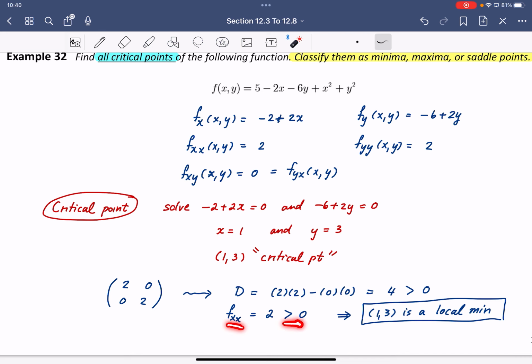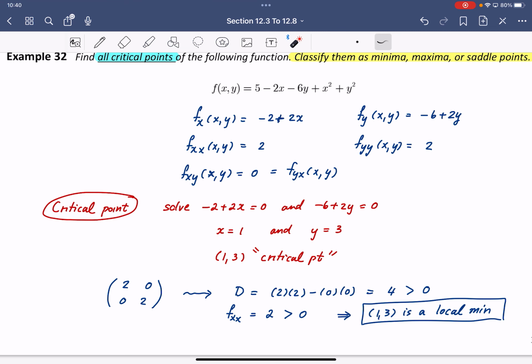It actually came from calculus 1, because when you learn calculus 1, you also have the second derivative test. So in calculus 1, if you differentiate 2 times and get something bigger than 0, you get a minimum. If you differentiate 2 times and get less than 0, you get a local maximum, right? Basically in 2 dimensions, the idea is we fix one variable to be constant, and it comes back to 1-dimensional calculus, and then you can take a look at the sign of the second derivative as well.